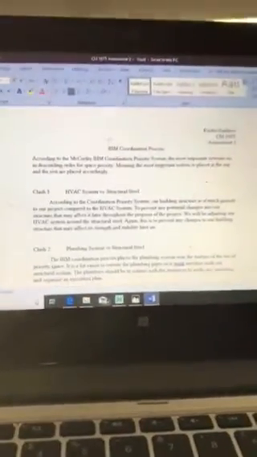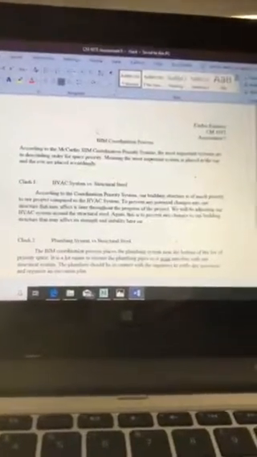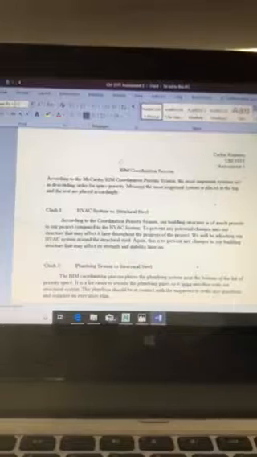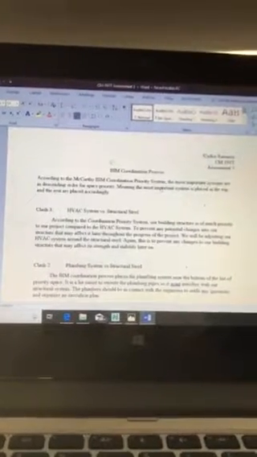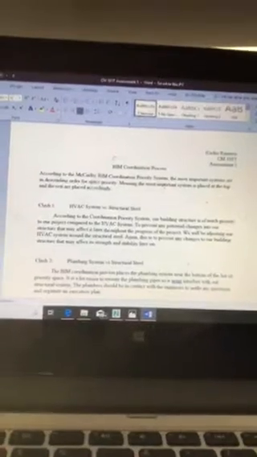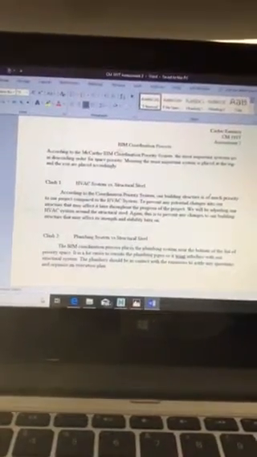So for this assessment, I got a BIM coordination process system, and this will be among two different types of clashes: the HVAC system against the structural steel, as well as the plumbing system versus the structural steel.